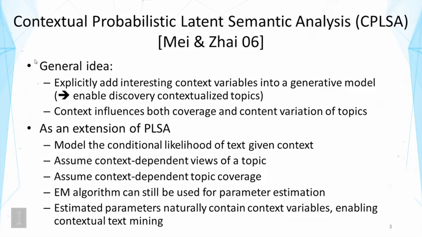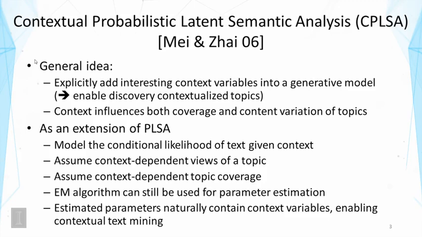Secondly, it makes two specific assumptions about the dependency of topics on context. One is to assume that depending on the context, depending on different time periods or different locations, there are different views of a topic or different versions of word distributions that characterize a topic. And this assumption allows us to discover different variations of the same topic in different contexts.